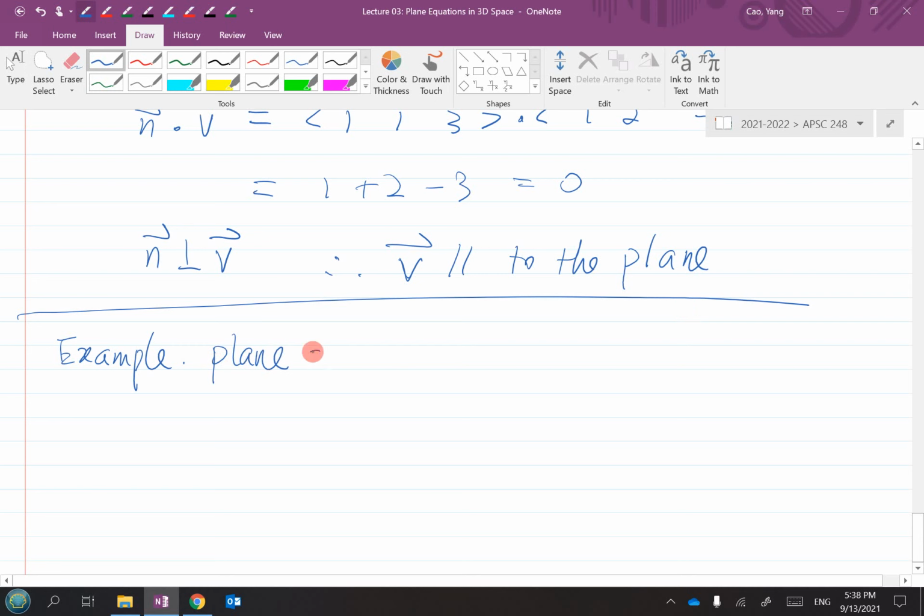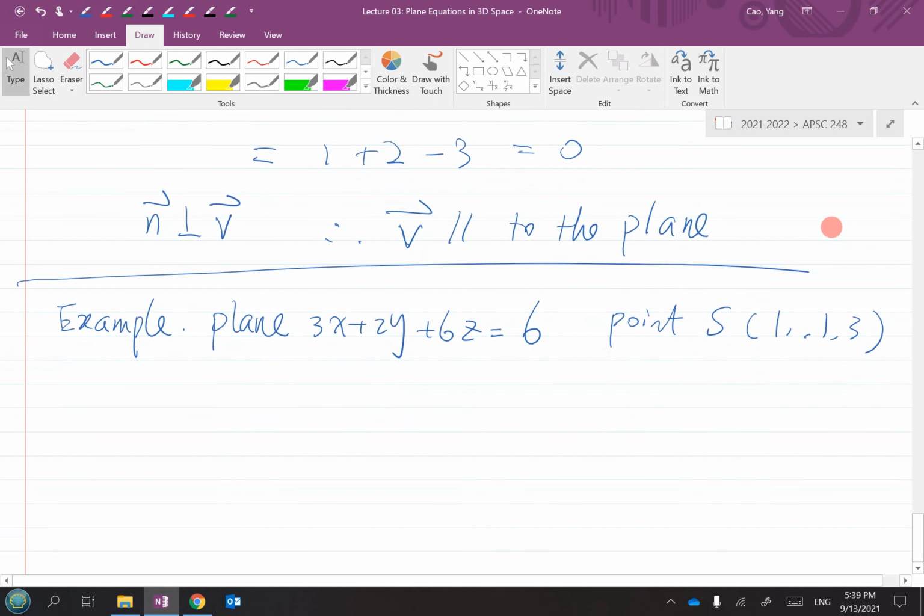Okay, this second example is a very good and very common example. You will probably see it in assignments and also quizzes. This type of example I usually categorize as a distance type of question. So the question here is, we have a plane given.